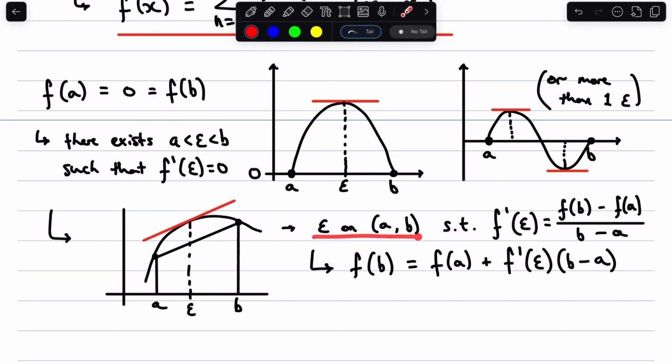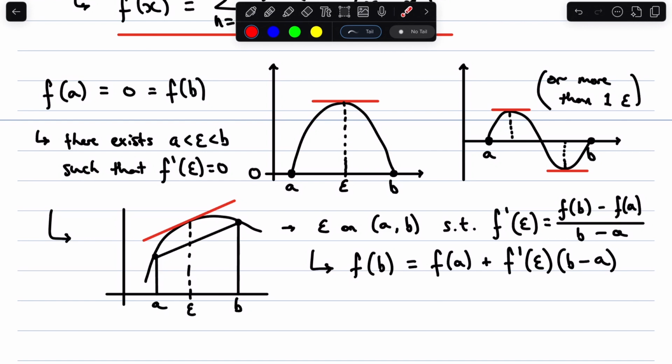And so there's an epsilon between a and b such that the gradient of our function f at epsilon is equal to this mean value, or just simple difference gradient, where we've just subtracted the y values and the x values. You'll be used to this from GCSE, A-level, or whatever your examinations are in other countries.